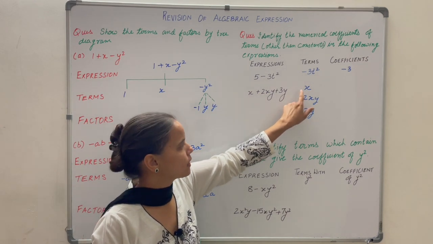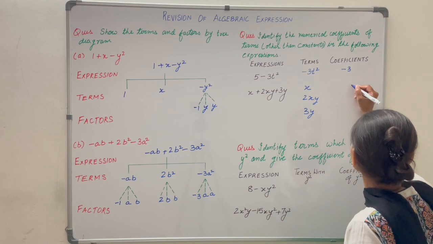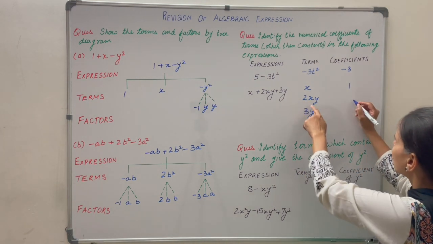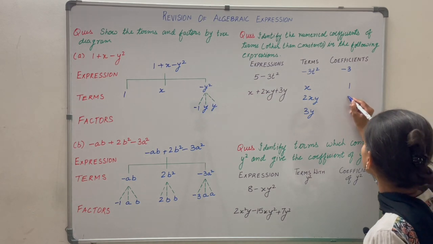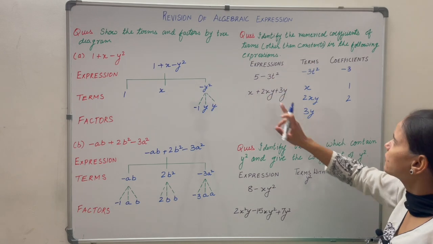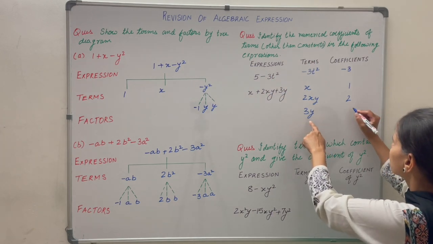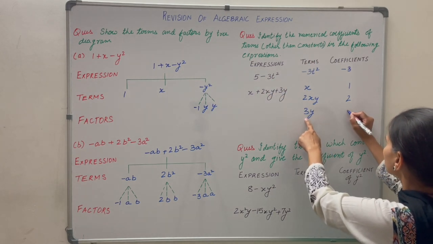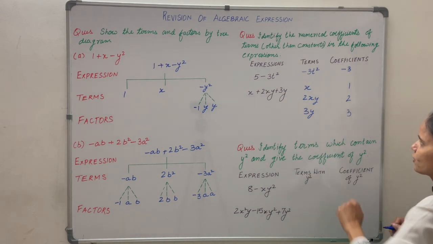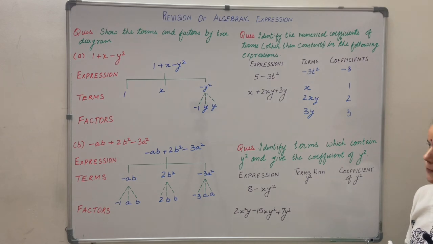So 1 is the numerical factor here. Here the numerical factor is 2, and that is called the coefficient or simply the numerical coefficient. Here the numerical factor is 3, so the coefficient here is 3.